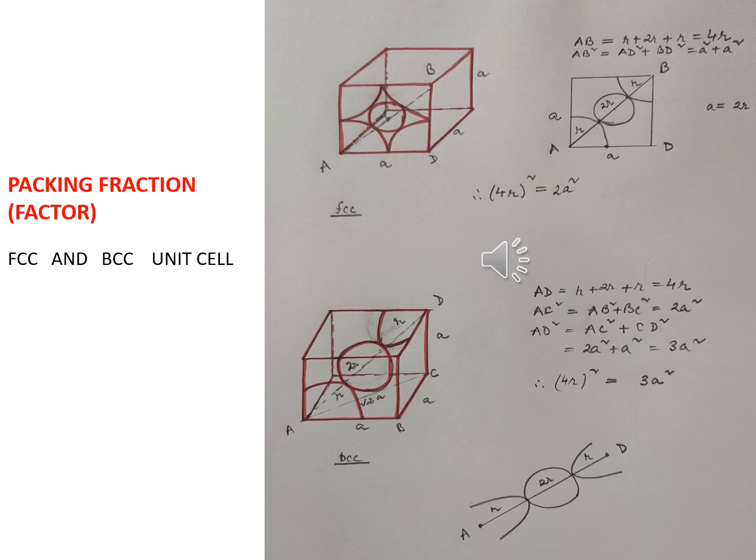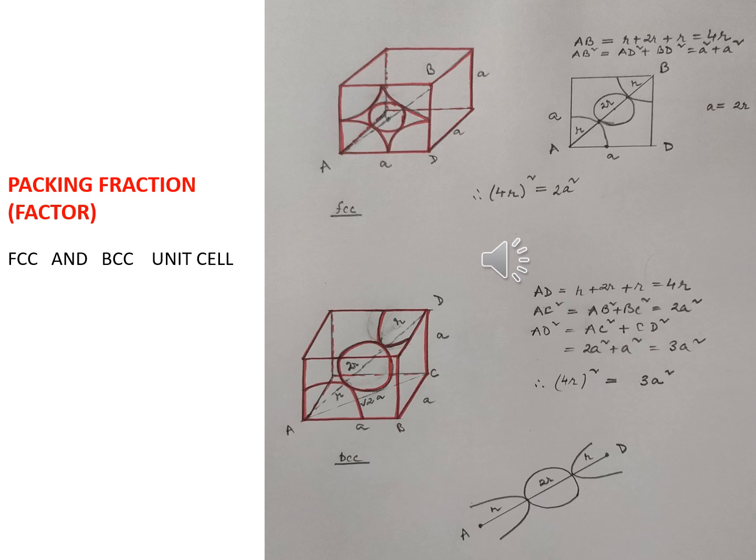So if the diameter of one atom is small r, then the full length AB will be r plus 2r plus r equals 4r. That means AB will be square root 2 into a, or AB squared is twice a squared, right? So we can write that (4r) squared equals twice a squared, because AB is 4r on one hand and is also equal to root 2 a on the other hand. If you look at the triangle ABD, then AB squared equals a squared plus a squared equals twice a squared, right? So from that we can find the relationship between r and a.